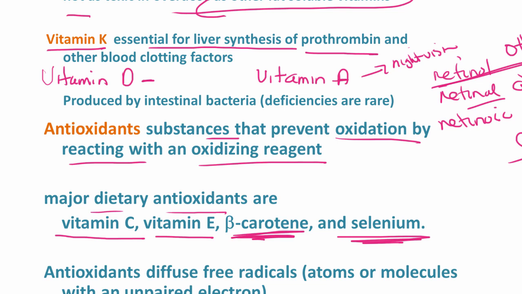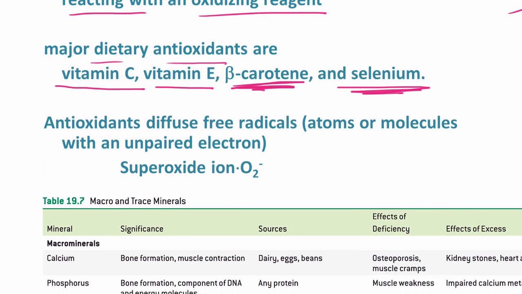Okay, so how do they work? Well, antioxidants actually defuse free radicals. These free radicals, remember, are molecules or atoms that have an unpaired electron, and they are very, very unstable. Free radicals are the most unstable substances.